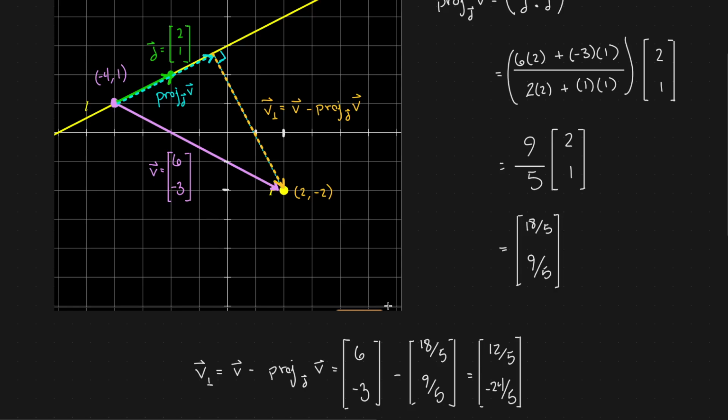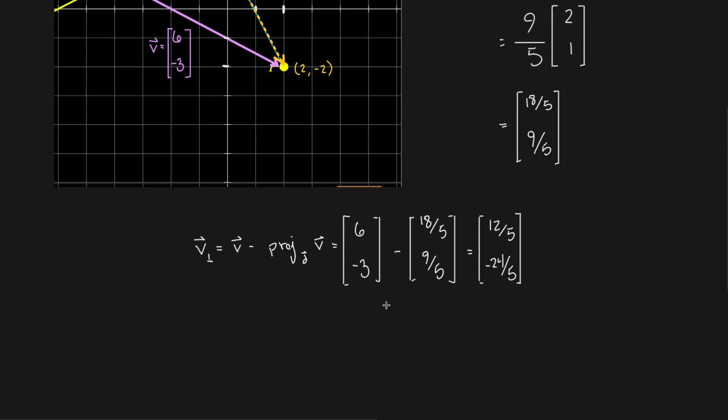That's the shortest possible vector from the line to the point, which means its distance, its length, will give me my answer. It will give me the distance from the line to the point. So my final step, let's take the norm of V perp here.